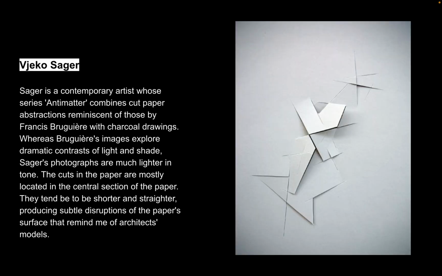But not only did the OG artists do this, but also there are a lot of more modern contemporary artists that also worked with this whole idea of using paper.